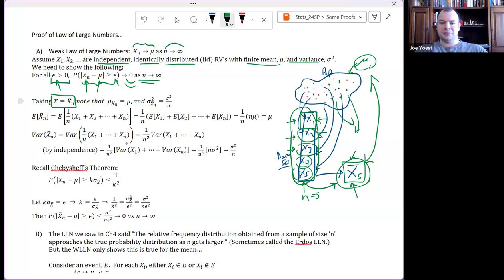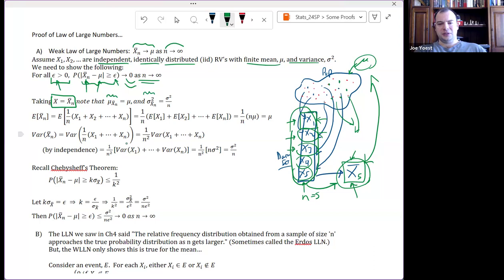So it has its own mean. It also has its own variance or standard deviation. So we could talk about the mean of x bar n, or mu subscript x bar n. We could talk about the variance of x bar n, sigma squared subscript x bar n.